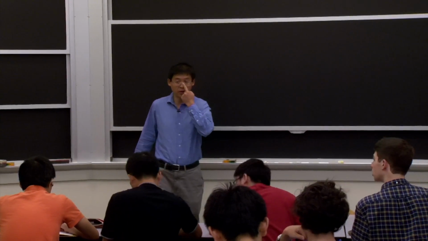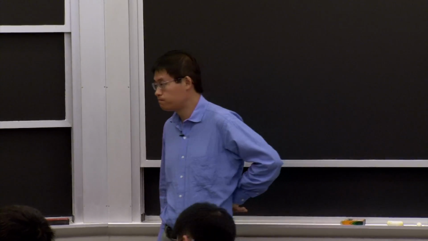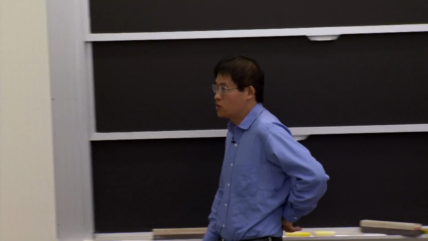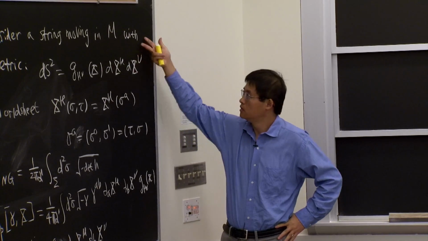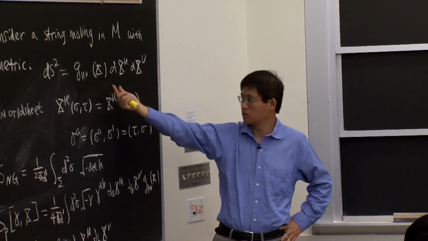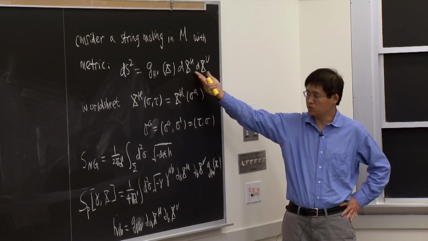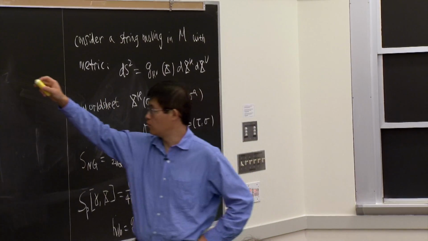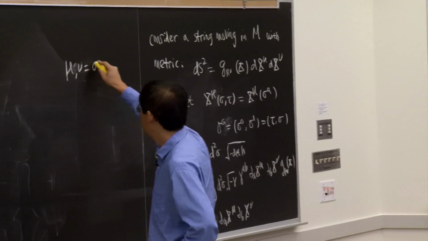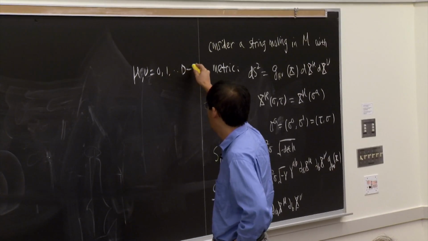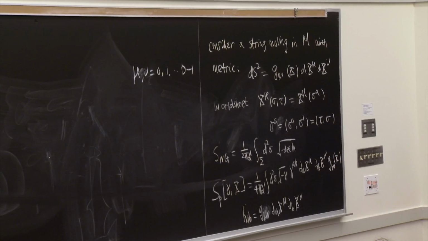So let me first remind you what we did at the end of last lecture. Suppose you consider a string moving in some space-time M, say with the following metric given by G mu nu, and the coordinates which I denoted by x mu. Here mu, nu will go from 0, 1 to D minus 1, and capital D will be the number of space-time dimensions.